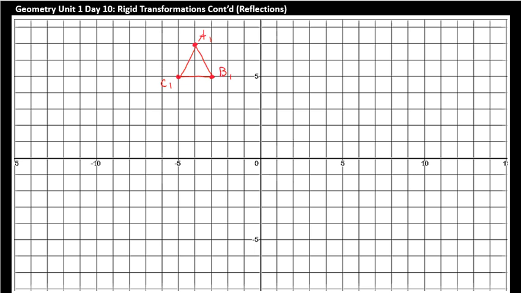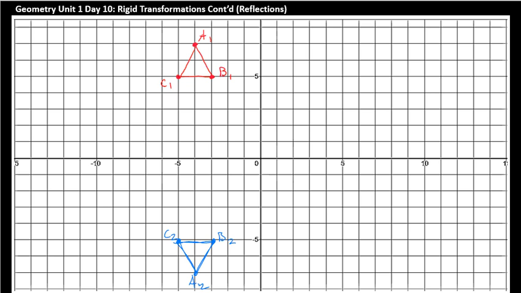And let's go ahead and jump right in and answer EQ number 1. So what is a reflection? The only way to really explain that is, again, to just kind of see it and try to put into words what it means. So if I reflect that red triangle, A1, B1, C1, I go ahead and reflect that. What I've got is A2, B2, C2.